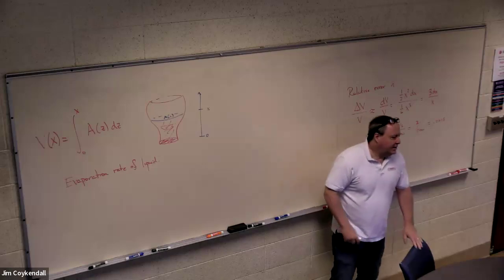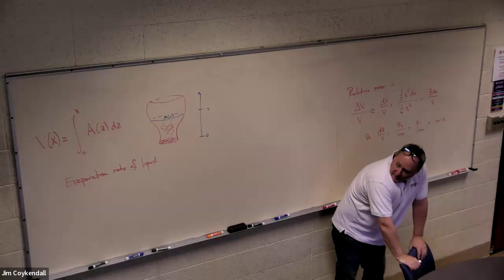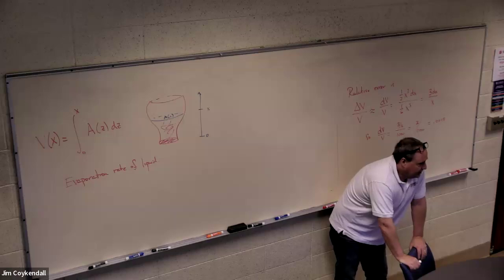This is one time that units might help. What is the evaporation rate of the liquid in terms of what I've got written down? What is evaporation? Liquid turning into gas.